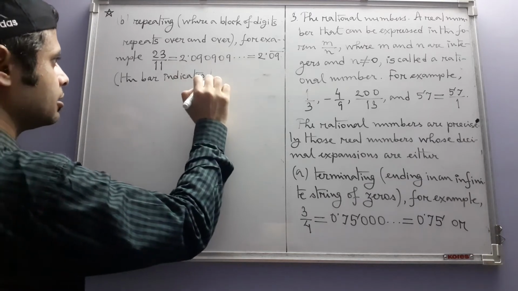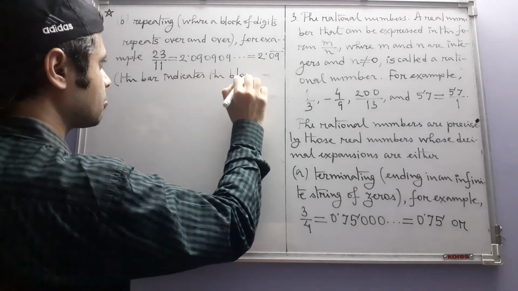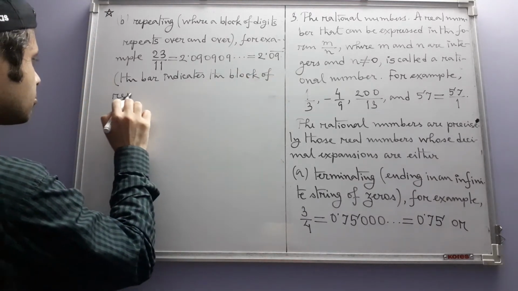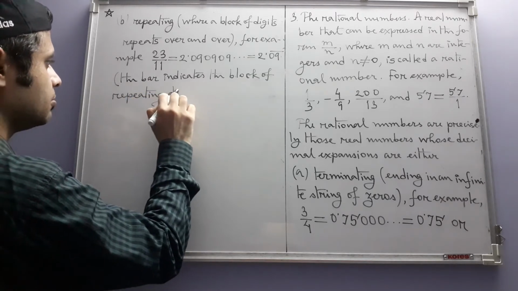The bar indicates the block of repeating digits.